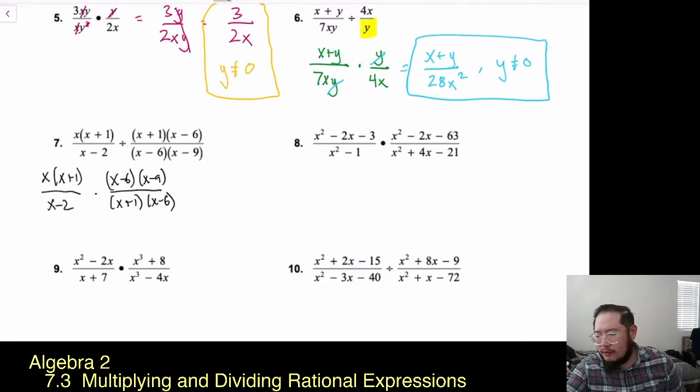So don't forget, think about what we have right now in our denominator that may not be there when we multiply by the reciprocal and simplify. I highlighted that so we can come back to it later. Let's start cross canceling. x plus 1, we can go ahead and cancel that out.